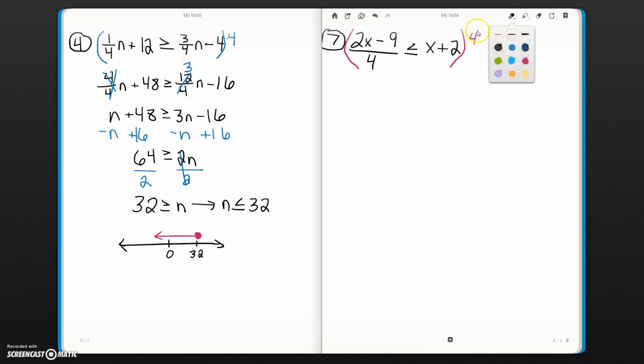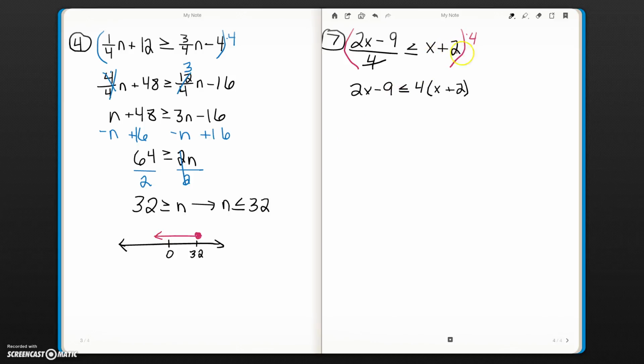Okay, so multiplying by 4 is going to cancel this denominator here, and we're just going to end up with 2x minus 9 is less than or equal to 4 times x plus 2.